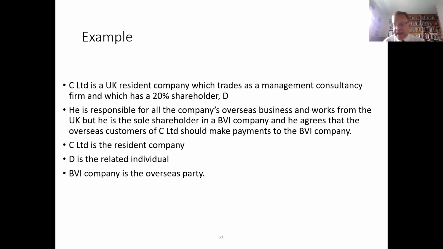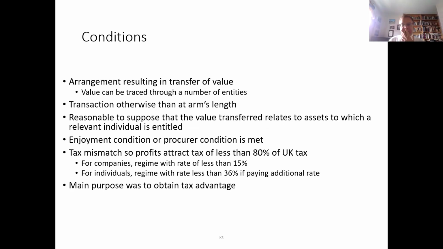And what you can say is that there's an arrangement resulting in a transfer of value. Value can be traced through a number of entities, and they don't have to be companies; they could be trusts, joint ventures, partnerships. There is a transaction otherwise than at arm's length, well, it's not a commercial transaction. It is reasonable to suppose that the value transferred relates to assets to which an individual is entitled. An enjoyment condition or procurement condition is met, i.e. D, as the individual, is going to benefit from this.